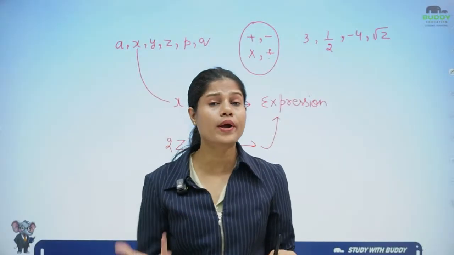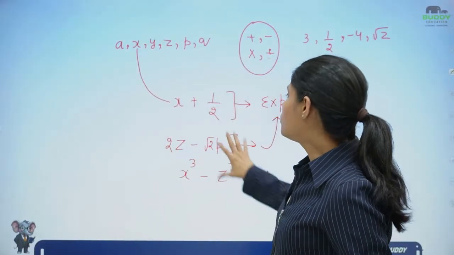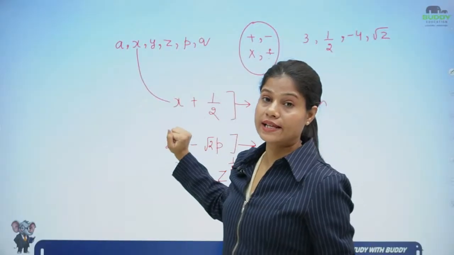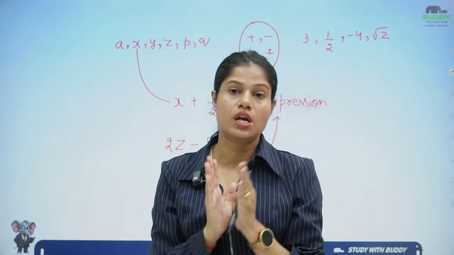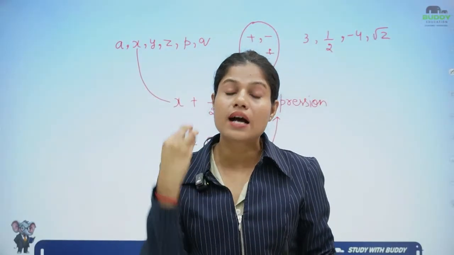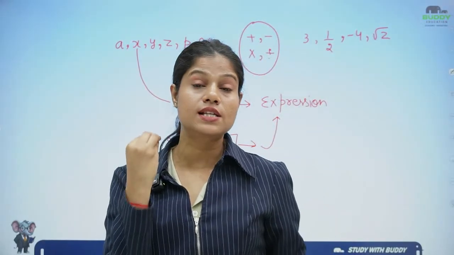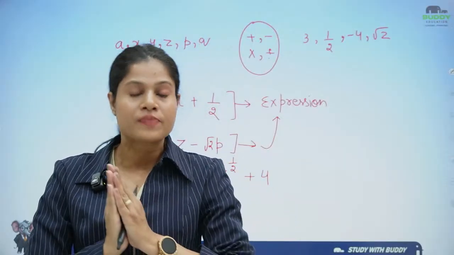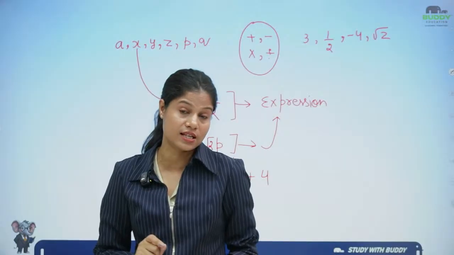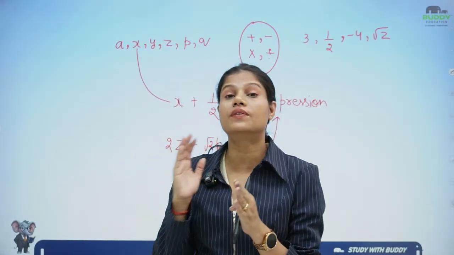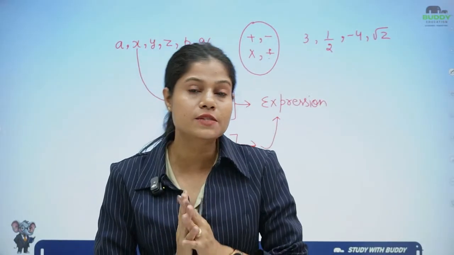But now the point is that, ma'am, almost the polynomial looks like this. Then what's the difference between a polynomial and an expression? So polynomial is another specific, or you can say special, type of expression with one little condition, and that condition is that the power of the variable should always be a whole number.